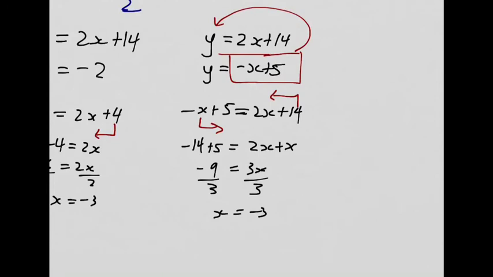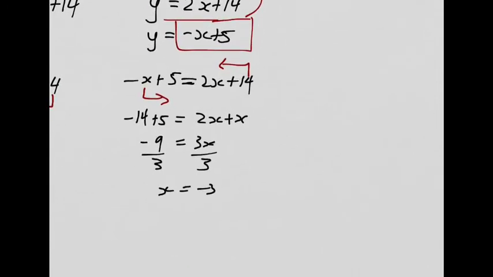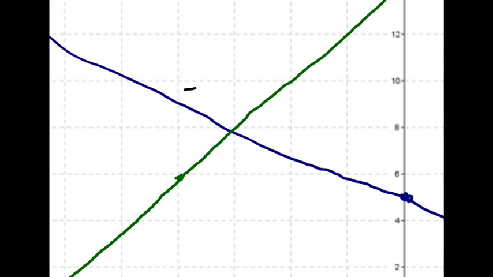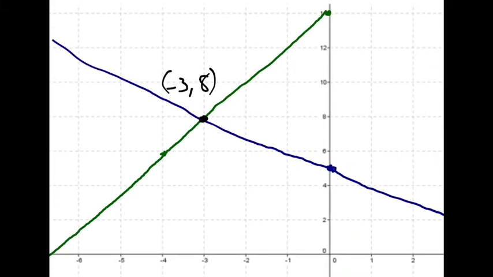So our point of intersection, oh wait, we need the y value. So y is, just using this equation here, negative 3, which is basically positive 3, plus 5 is 8. So the intersection at the top here is negative 3, 8. That's that point there. We got pretty close to that.